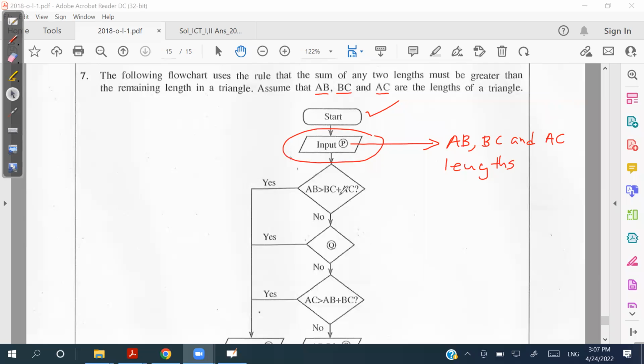In the first condition, they are checking whether the addition of BC and AC is greater than AB. If we take the triangle like this and name it A, B, and C, in the first part they are adding the BC length and the AC length, and checking whether the addition of these two lengths is greater than this one.